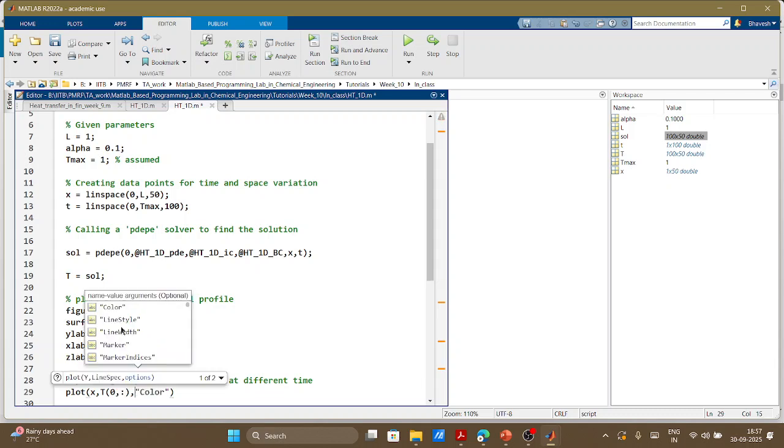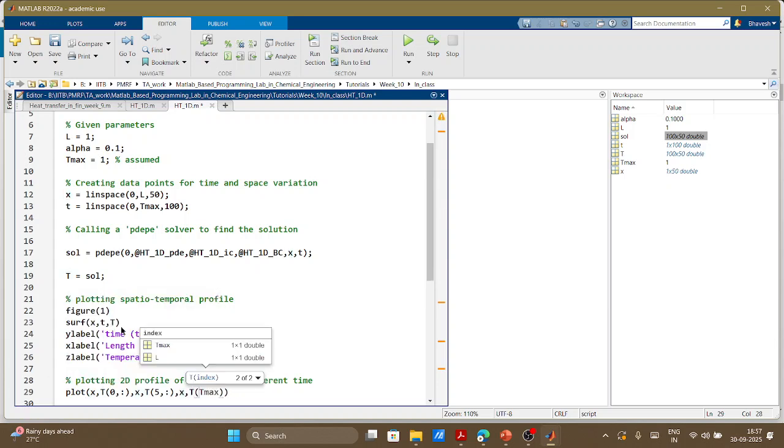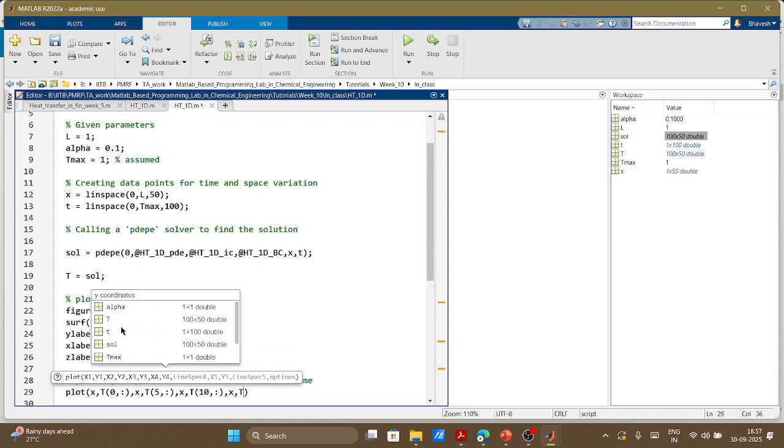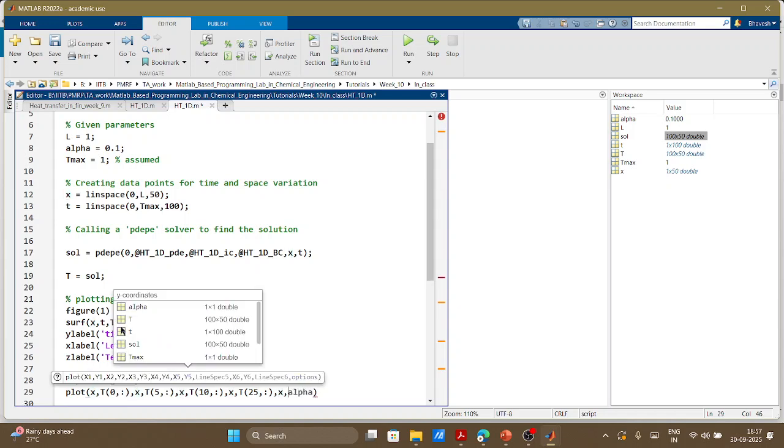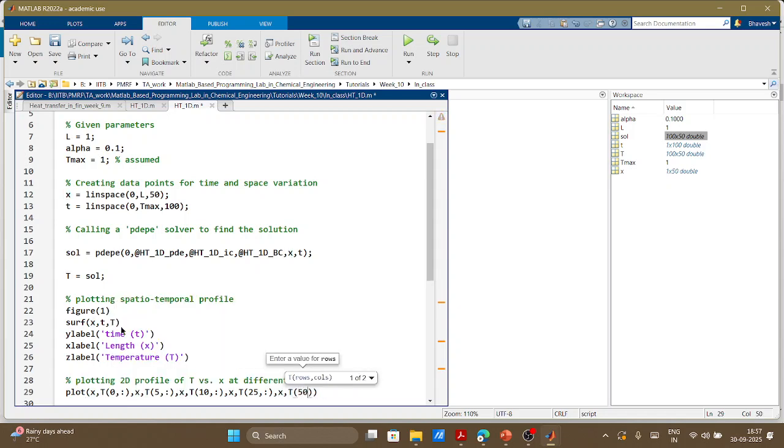What is the value at, then again x t at, what is the value at 5th time point, value at tenth data point, then x comma t 25, x comma t 50, and final value which is end value.